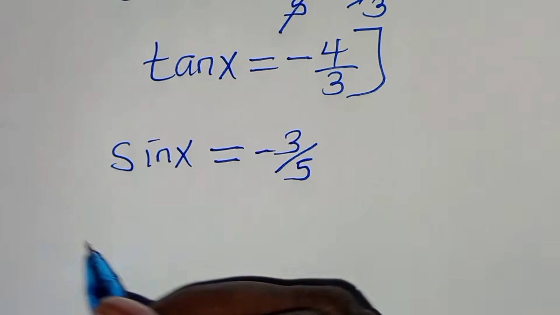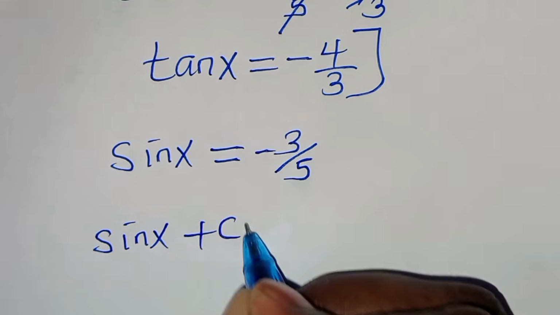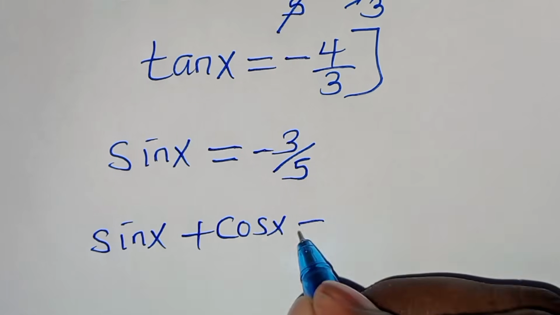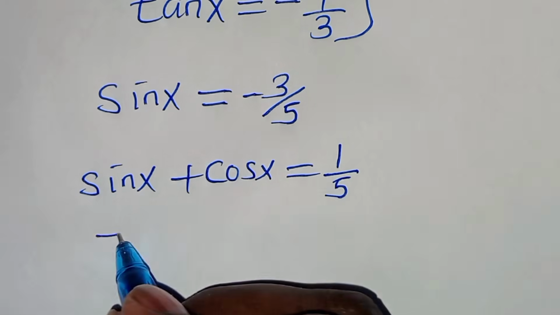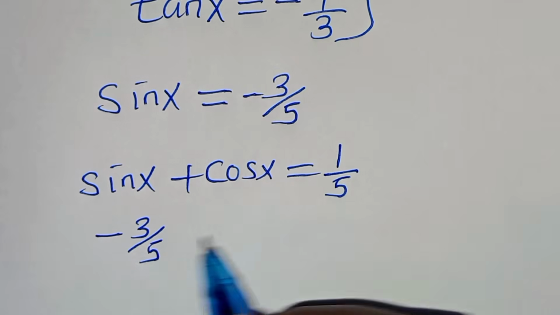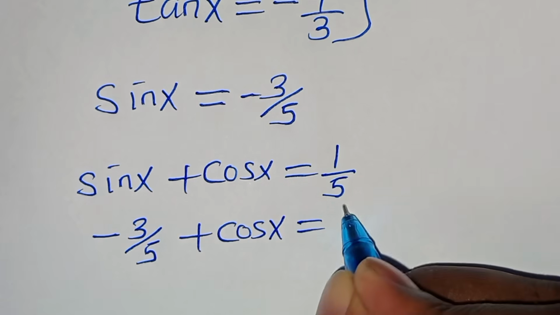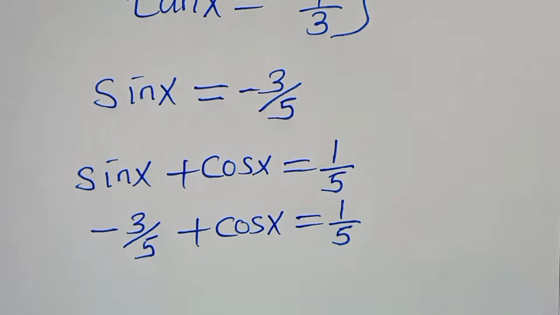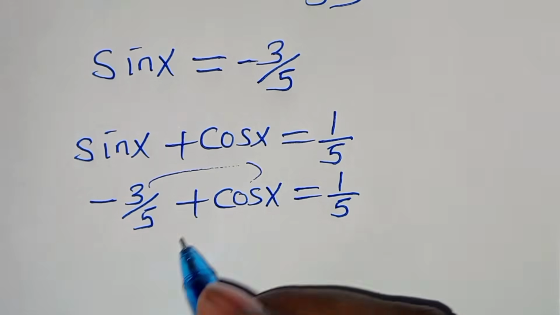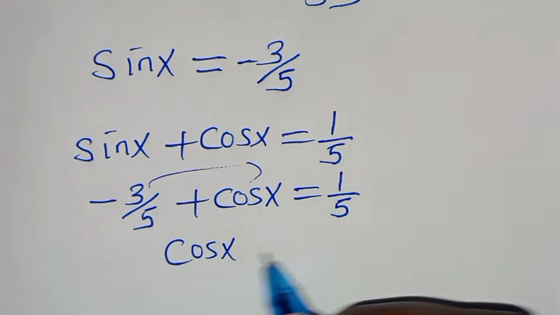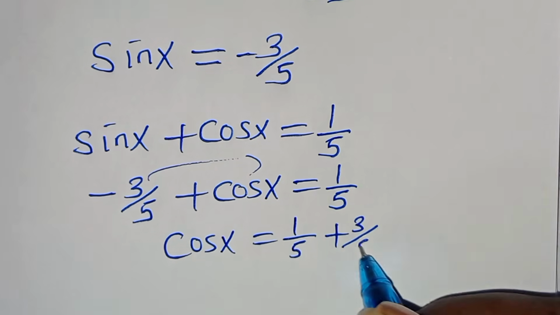Now let's solve for cos x. Remember, sine x plus cos x is equal to 1/5. So sine x is negative 3/5 plus cos x is equal to 1/5. Let's take negative 3/5 to the right hand side, so that cos x is equal to 1/5 plus 3/5.